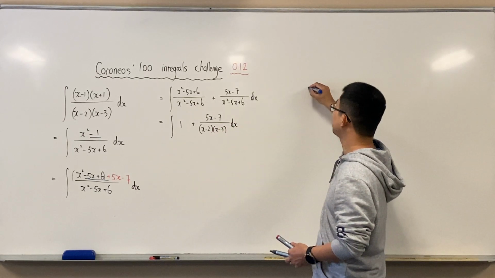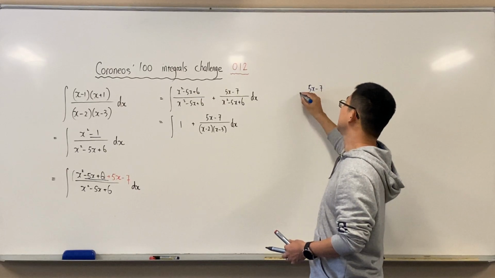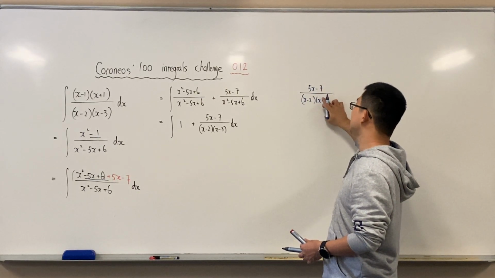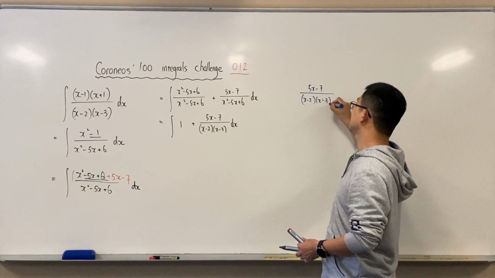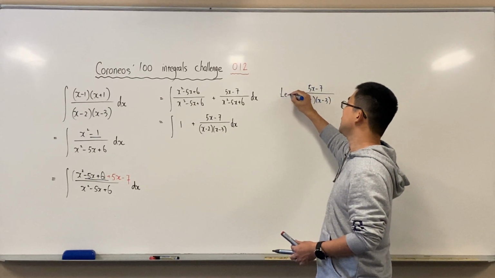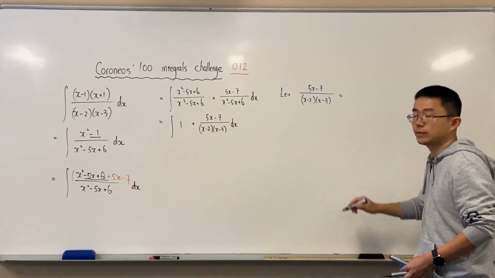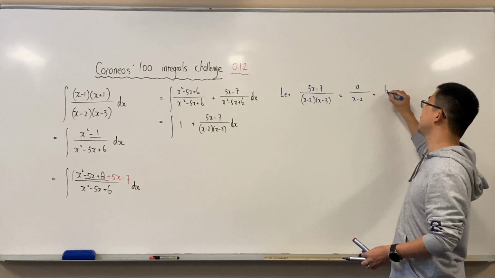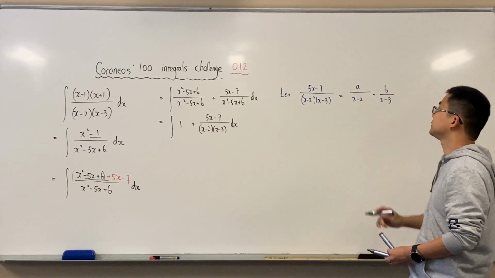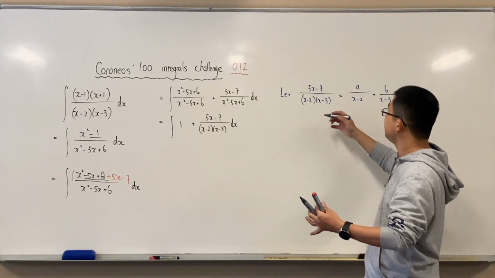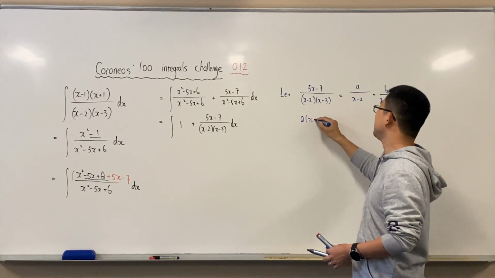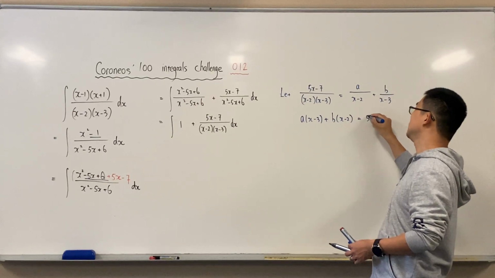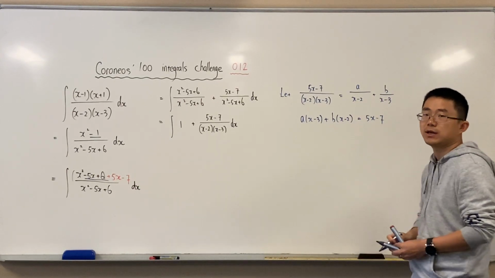So 5x minus 7 over (x minus 2)(x minus 3), and we're going to let this equal A over x minus 2 plus B over x minus 3. We work out the numerator, and that gives you this expression, and it's equal to 5x minus 7.